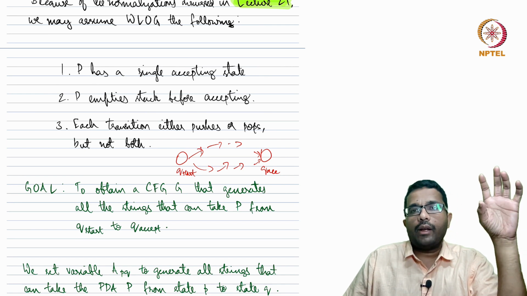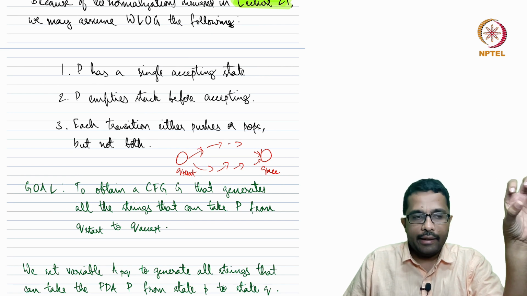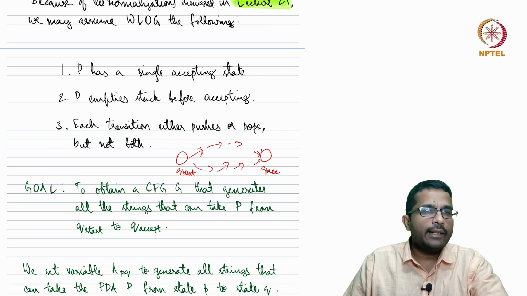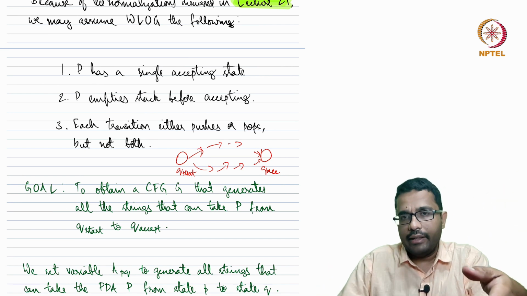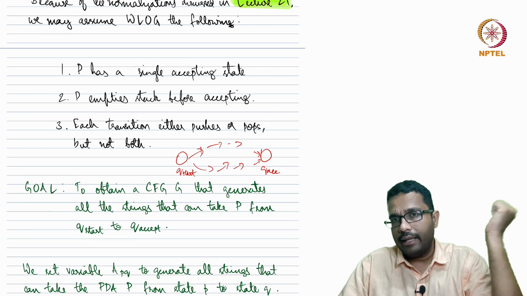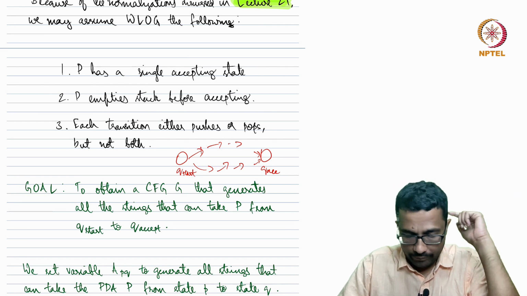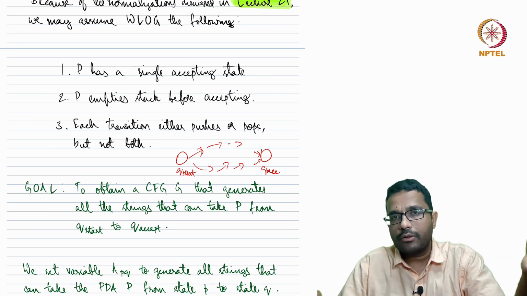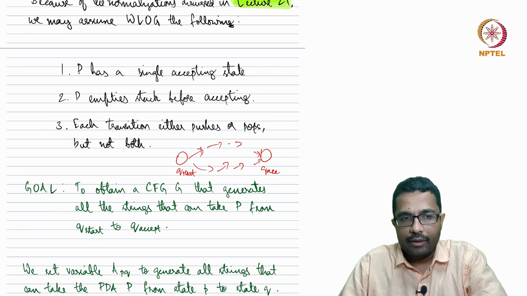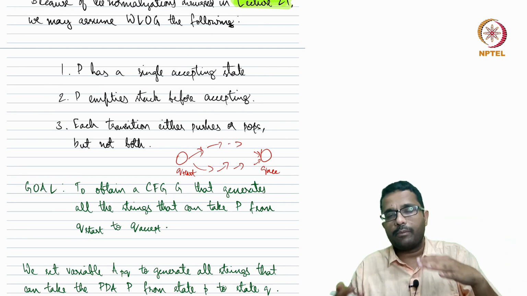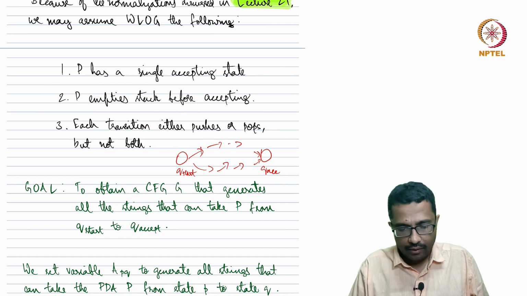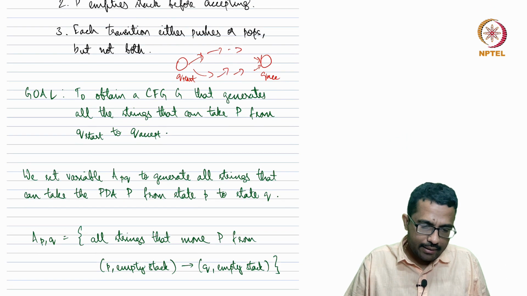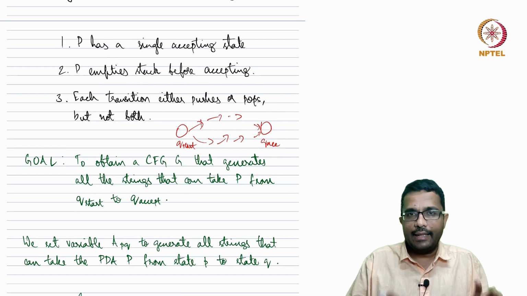So our goal will be to identify the strings that can take the PDA from the starting state to the accepting state, and when it reaches the accepting state, the stack will be empty. Of course, when you start processing also, the stack is empty, since the PDA does not begin operations with a filled stack. This is the key thing here.